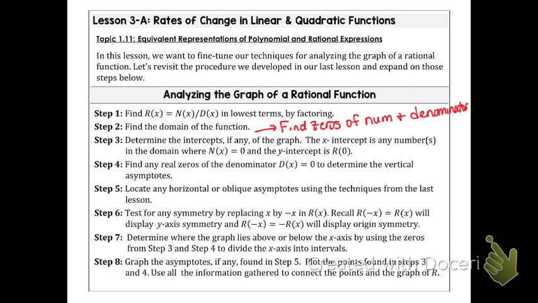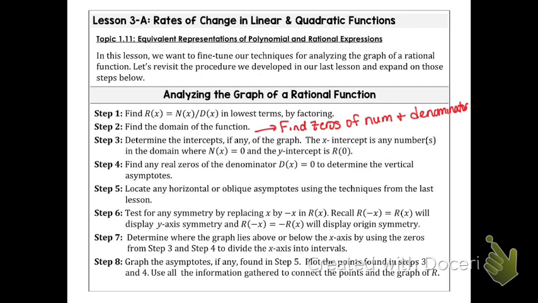Then I'm going to go to step 3 and determine the intercepts of the graph. So remember, the x-intercept is going to be the zeros that are unique to the numerator. And then the y-intercept is where we replace x with 0 and solve for y.